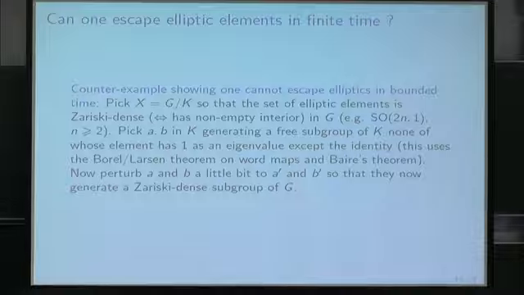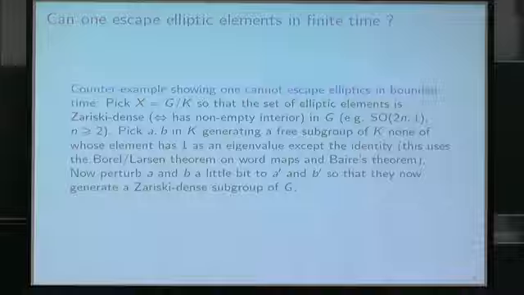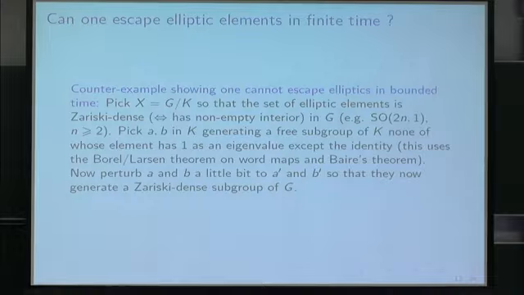So all the small words will still be in the interior of the elliptic elements, which means that for a long while, the whole ball in the Cayley graph of very large radius in A prime and B prime will be made of elliptic elements. However, the group is Zariski dense, so at some point you will find some non-elliptic elements.